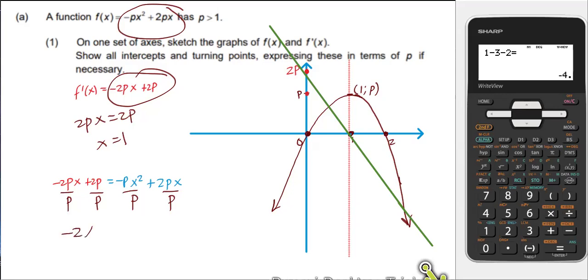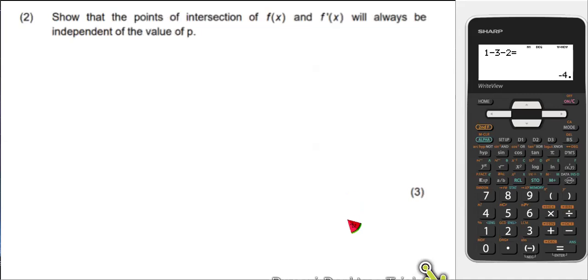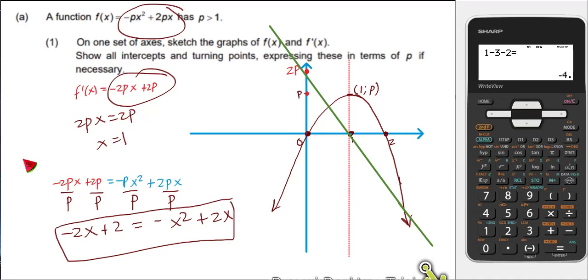You get minus 2x plus 2 equals minus x squared plus 2x. That's how you're going to solve for x here. So the p is gone. That's what they wanted. So that one is done. It's 3 marks. They never asked me to solve for it. They just say show that the p will disappear. Then we are done.